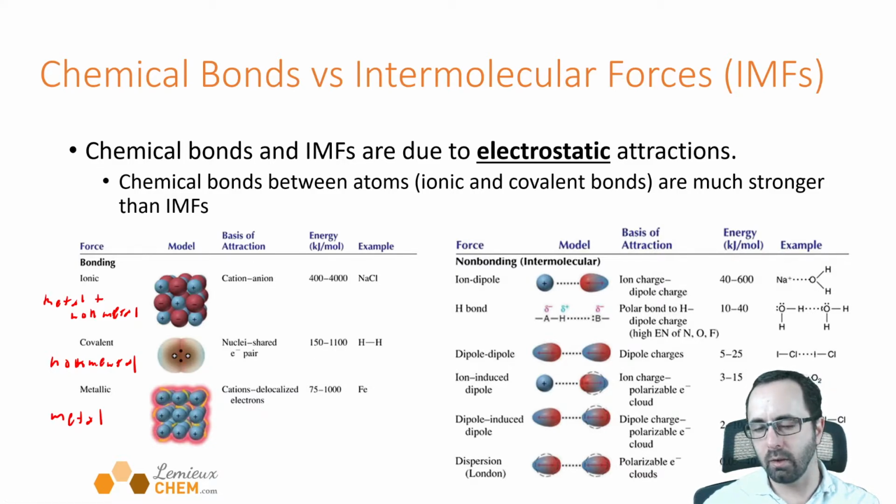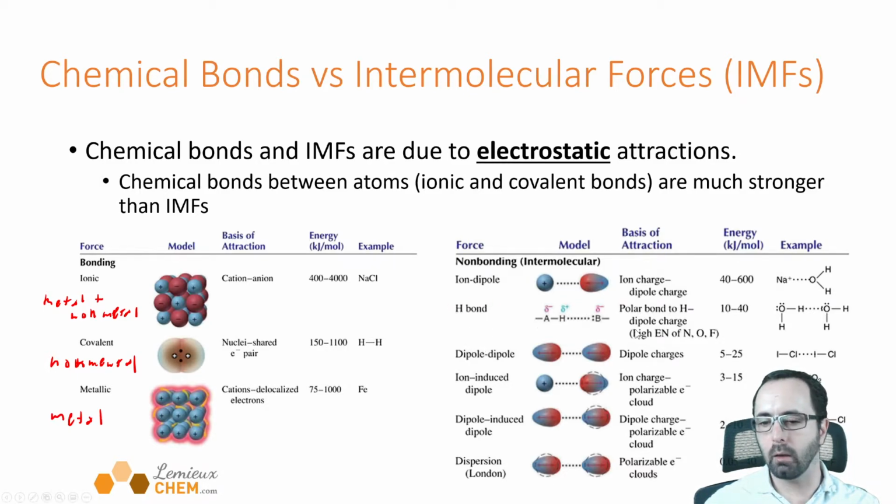Now, comparatively speaking, non-bonding forces or intermolecular forces are on average weaker, but they can be quite strong. Now, some of these forces we don't talk about directly, like the attraction between an ion and a polar molecule. This is pretty strong. The strongest intermolecular force that we talked about between molecules of the same type is hydrogen bonding.